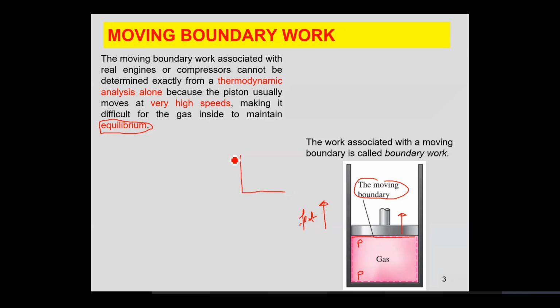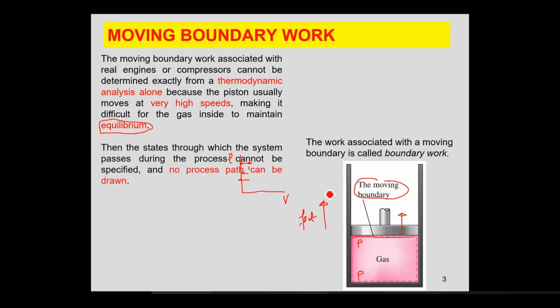If this is the pressure-volume plot, and I have to specify the state of my system at this point, I cannot say whether my pressure is this or this or this, as I don't have any uniform pressure within the system when the system is moving very fast.